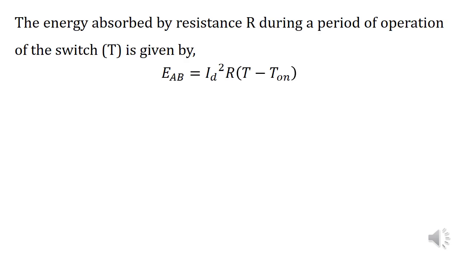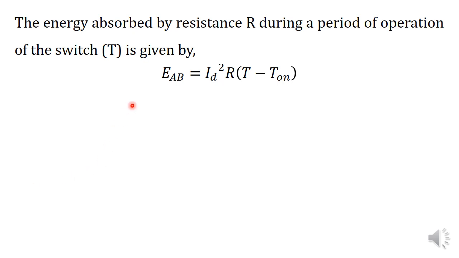Now let's see how to choose the value of duty cycle in order to get a particular value of rotor resistance. Then only we can control the speed of the motor. First, let's write the equation for energy absorbed by the resistance R during a period of operation of the switch. The period of operation of the switch means the time when the switch remains on and off.